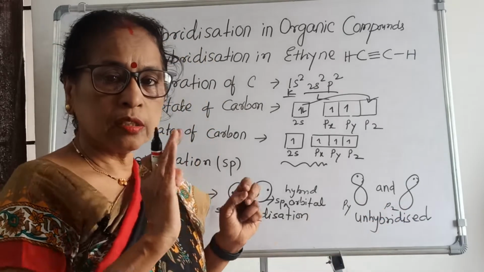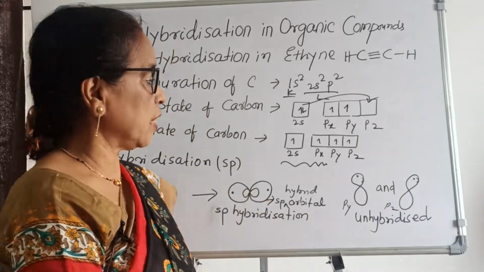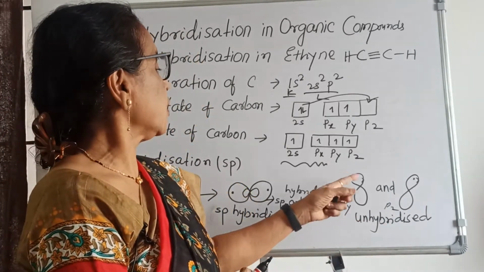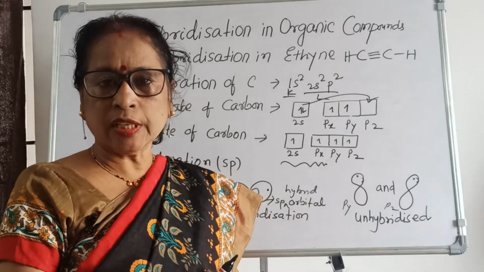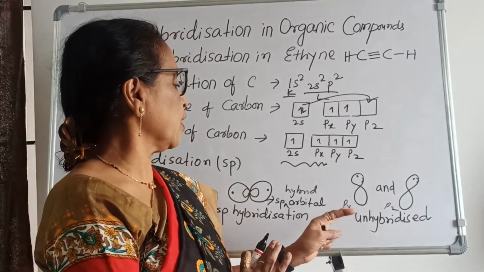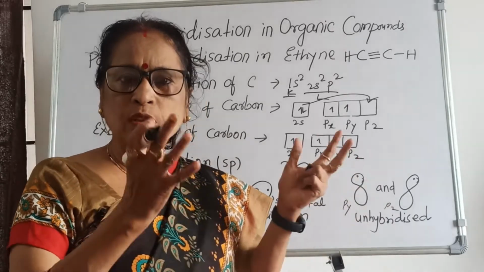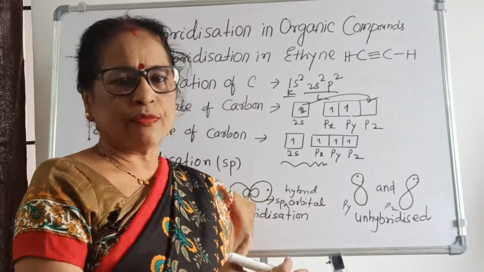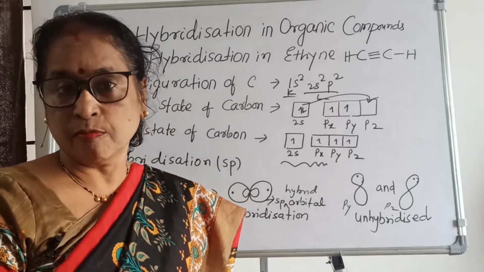They do not take part in the hybridization, and they are called unhybridized orbitals, each containing 1 electron. After that we will see how these unhybridized orbitals py and pz interact and overlap to form our other bonds.